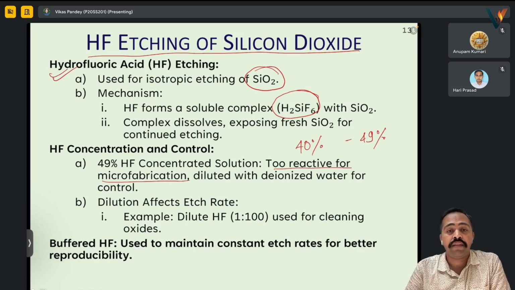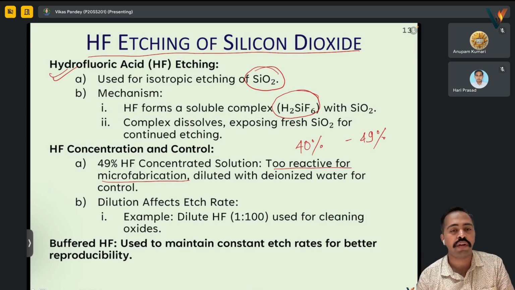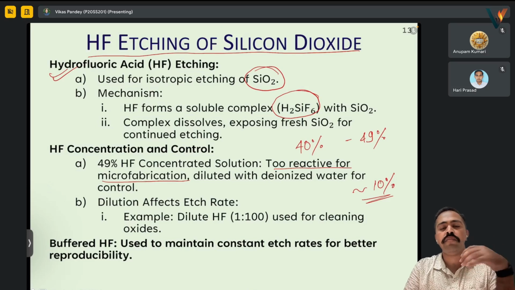If you directly dip in it, it will remove everything too fast, and we will not be able to control our rate of etching. That is why it is diluted with deionized water to control. Generally, you might encounter that we make the concentration around 10%, a 10% HF solution, decreasing the concentration by adding deionized water for control.